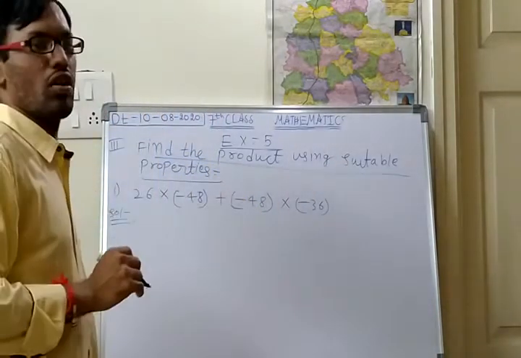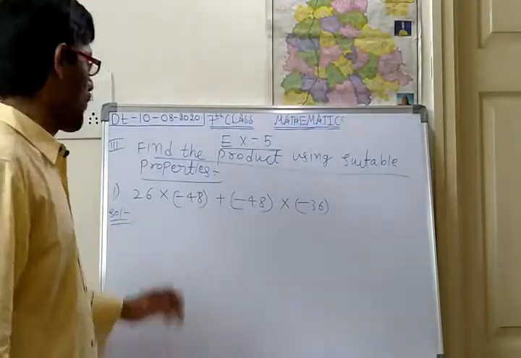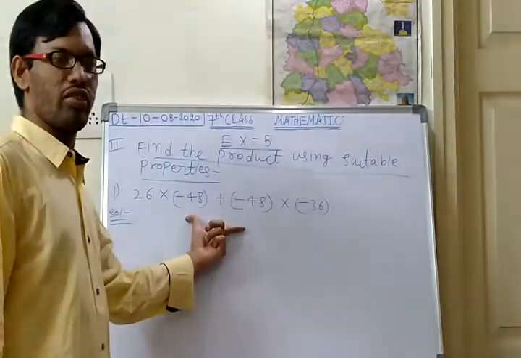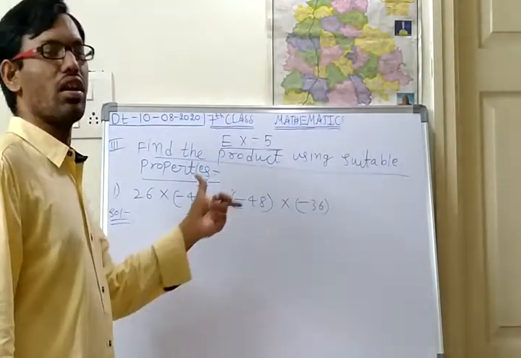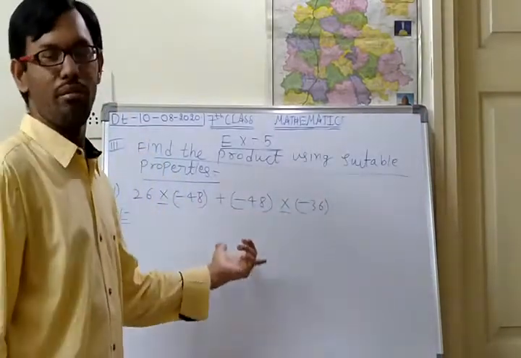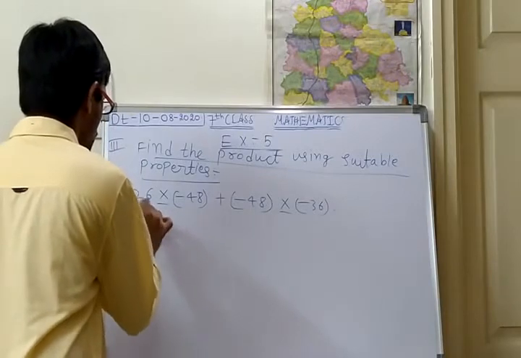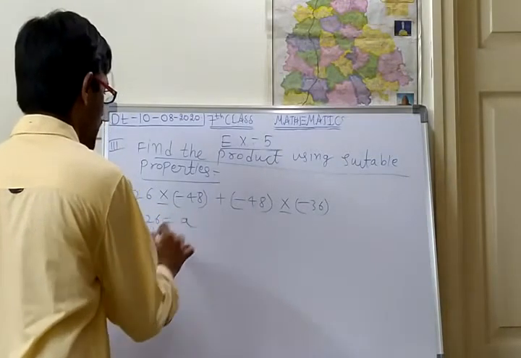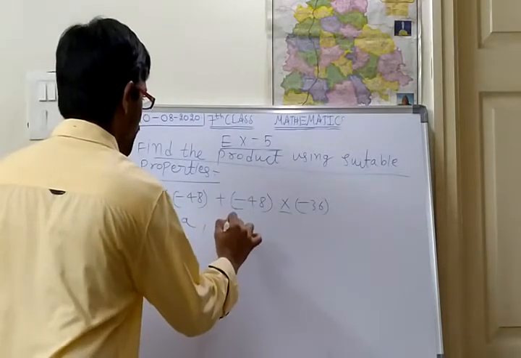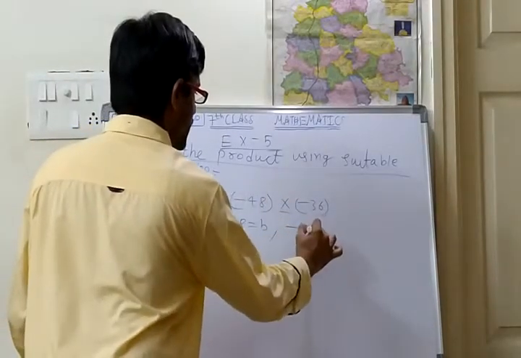For this, how do you have to do the solution? First of all, using suitable properties, he said. So we have to identify which type of property it is, whether addition or multiplication. By seeing the multiplication symbol, we can say that this is a multiplication property. So in the multiplication property, assume 26 as a, next -48 as b, next -36 as c.